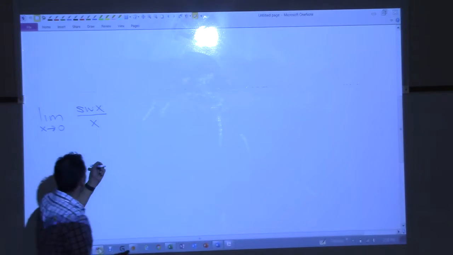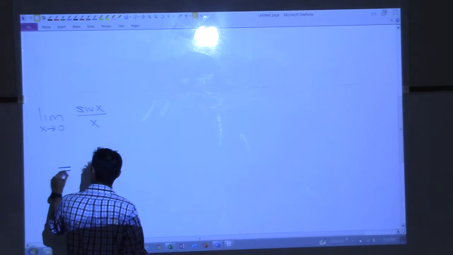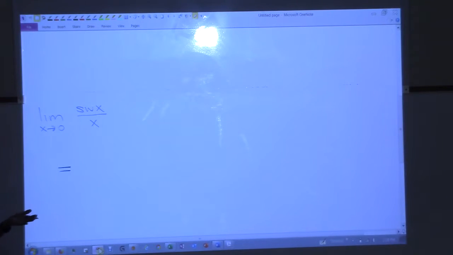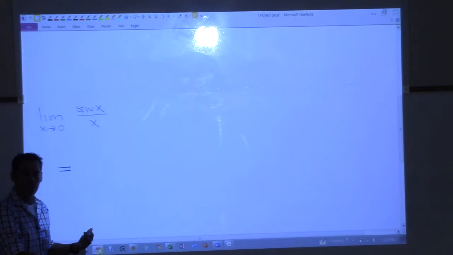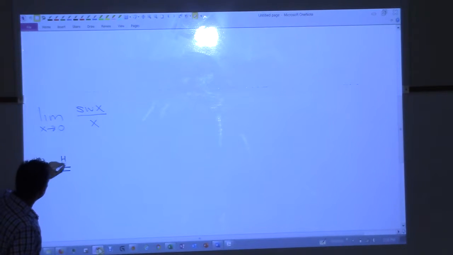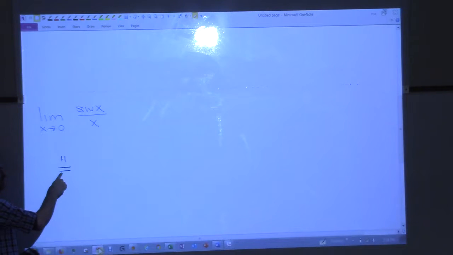So my next line, what I'm going to do is put equals. Now I need to somehow let whoever's looking at my work know that I'm about to break out L'Hopital's rule. So there's kind of a standard notation. A lot of books will put an H on top of the equal sign on the next line to let everyone know they're using L'Hopital's rule.